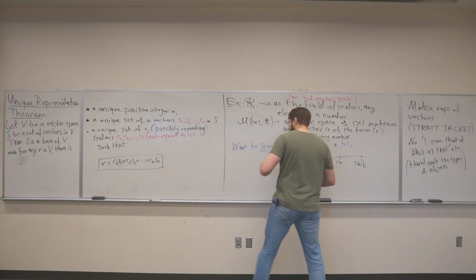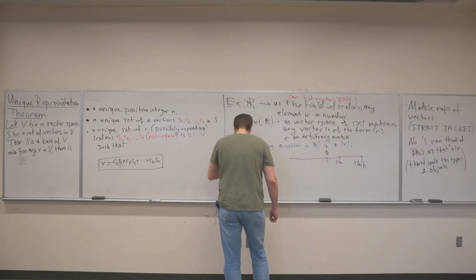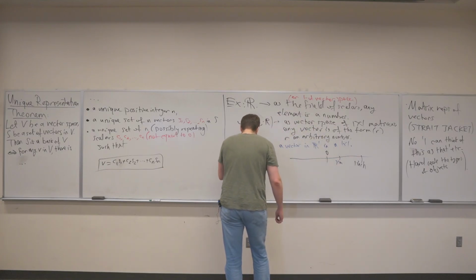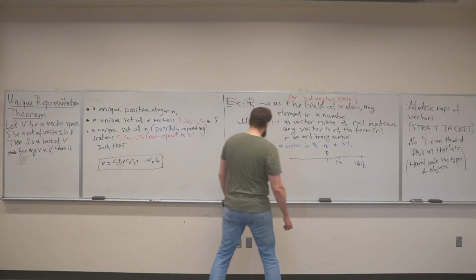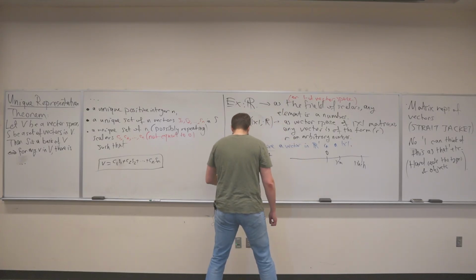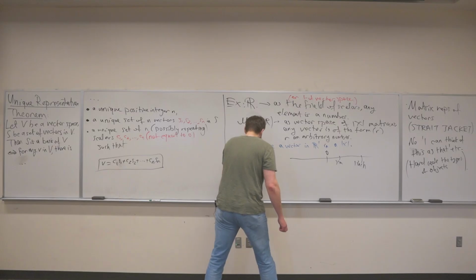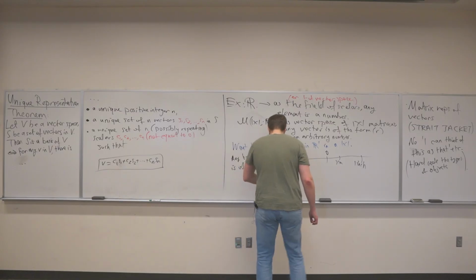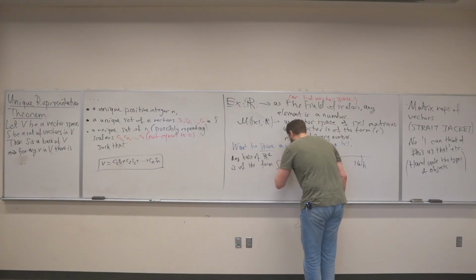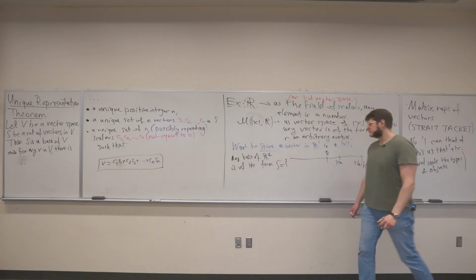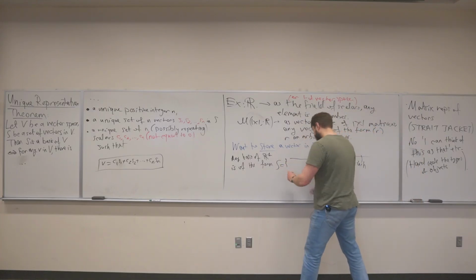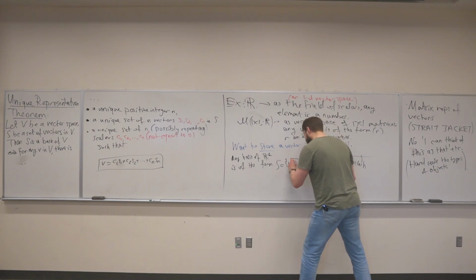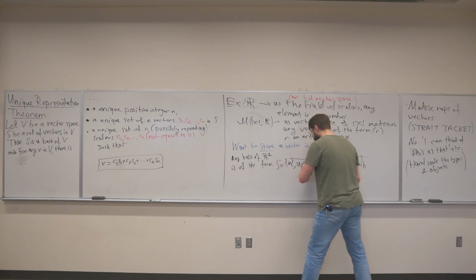So any basis of R to the 1 is of the form, well, in set notation, open curly braces, some, let's say, U for unit, close, with U non-zero.